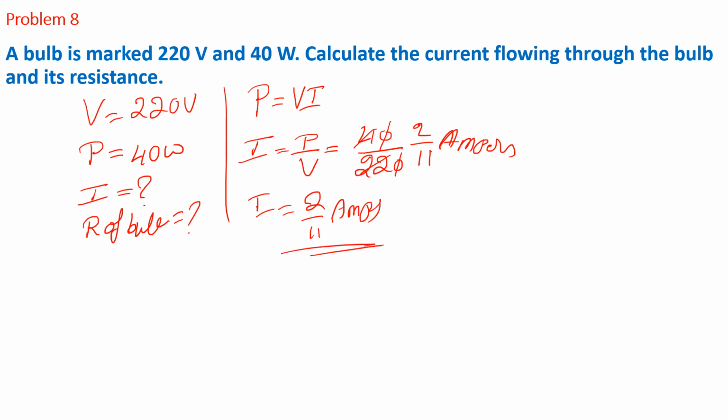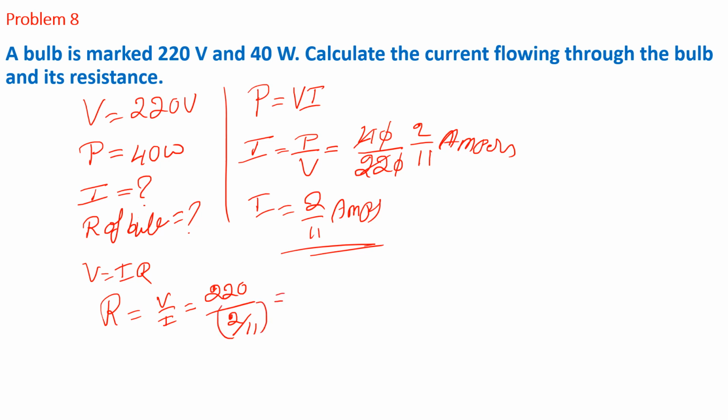Next, the resistance of the bulb we need to calculate. R is equal to how much? V is equal to IR. So R is equal to V by I, which is equal to V is 220 divided by I is 2 by 11.